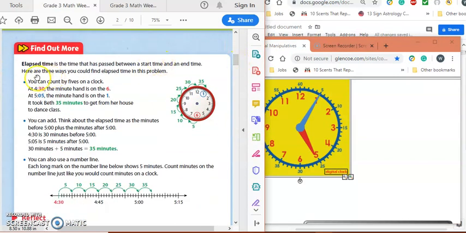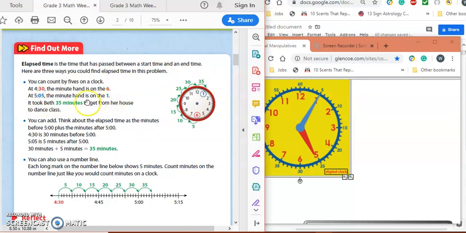Elapsed time is the time that has passed between a start time and an end time. There are 3 ways you could find elapsed time in this problem. You can count by 5s on the clock. Okay, let's do that. 5, 10, 15, 20, 25, 30, 35. 35 minutes. At 5:05, the minute hand is on the 1.